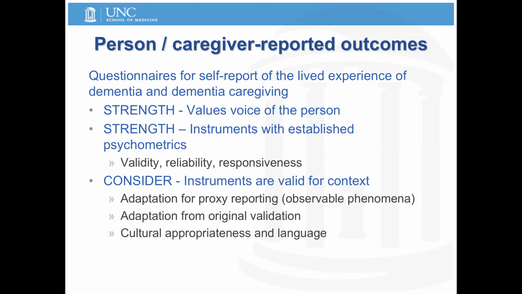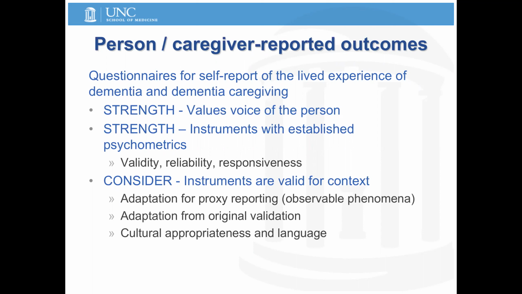It's important when looking at these patient and caregiver reported outcome instruments to consider that instruments are valid for the context in which they were originally developed, designed, and tested. And that has some implications for research with the AD/ADRD population.